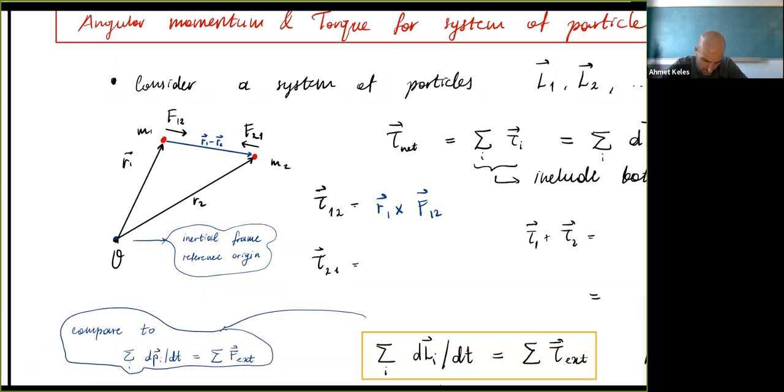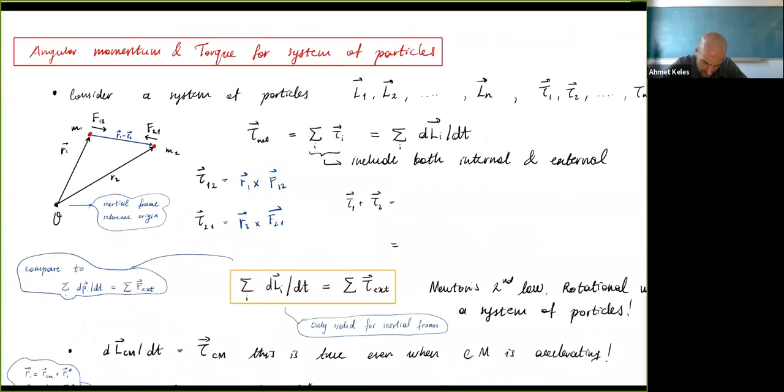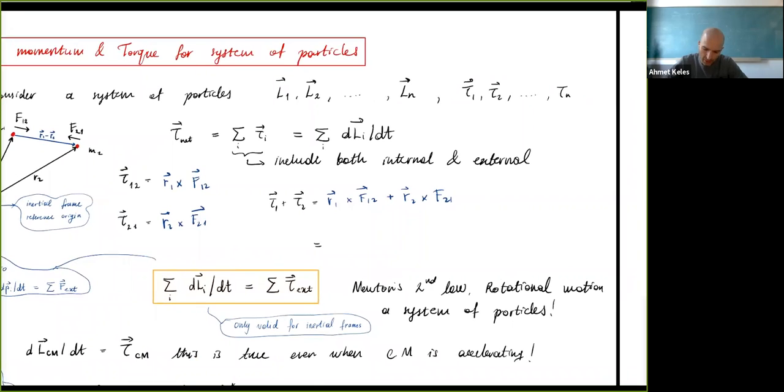And torque on 2 due to the force by 1 is equal to R2 cross F21. Now let's sum these two. So this is R1 cross F12 plus R2 cross F21. But we know from Newton's third law, this is an action-reaction pair.